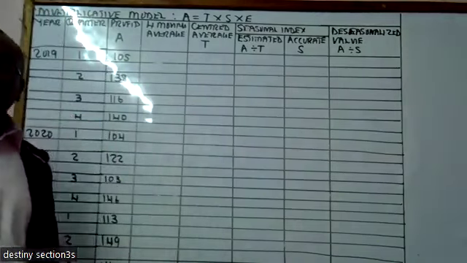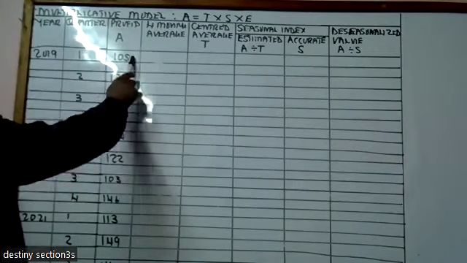I believe we are finished. So start giving me the values now. When you are getting four moving, take the first four. So 105 plus 138 plus 116 plus 140. You get what when you divide by 4?